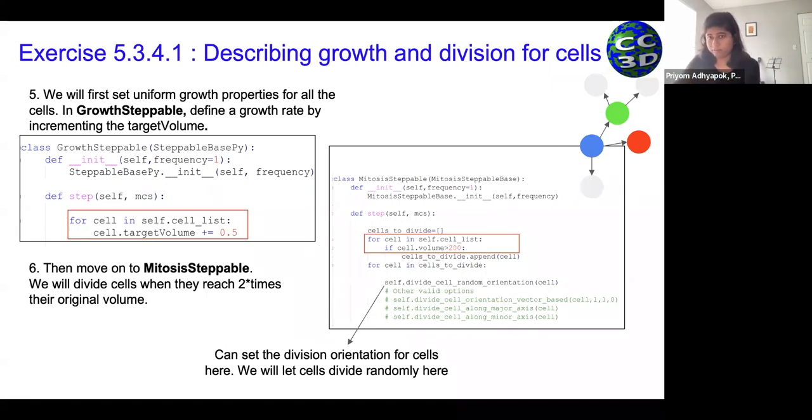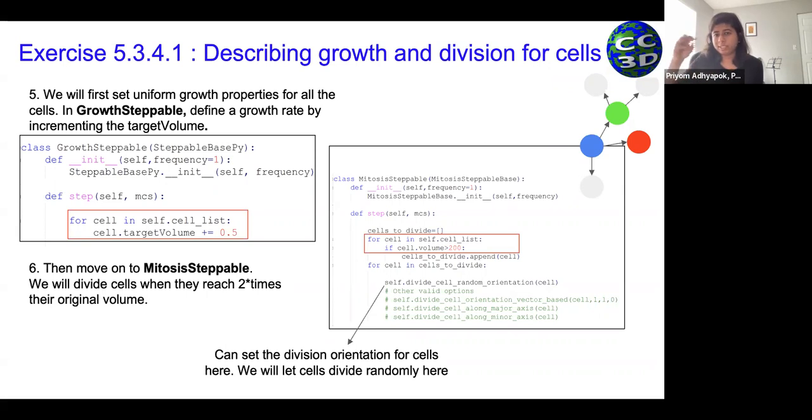So if we started off with say 100 pixels, we're going to let them grow to 200, and then we're going to divide when they reach 200 pixels. The way that the mitosis steppable does it is, it first collects all these cells that have crossed that threshold of say 200 in this case. It's creating a list called cells to divide.